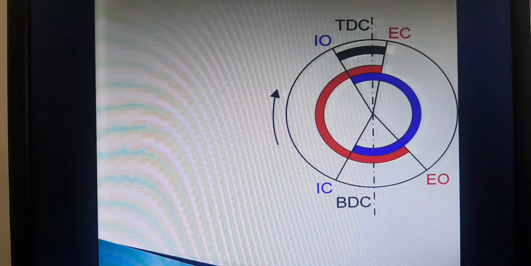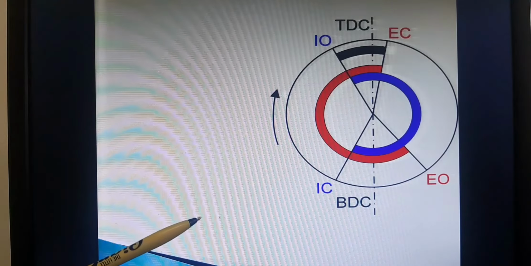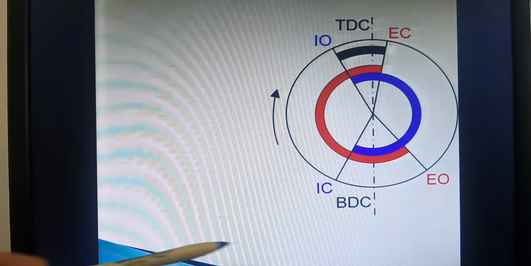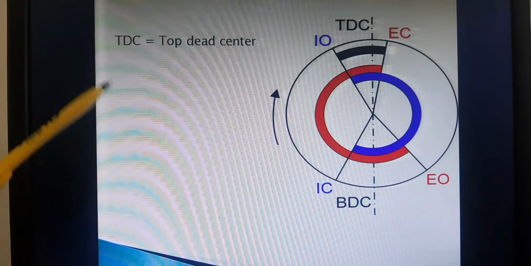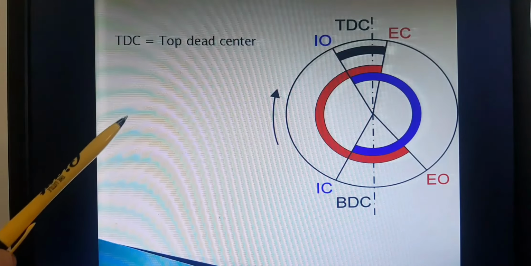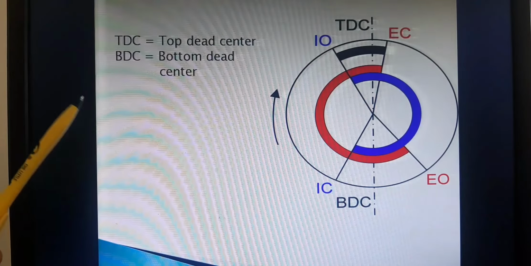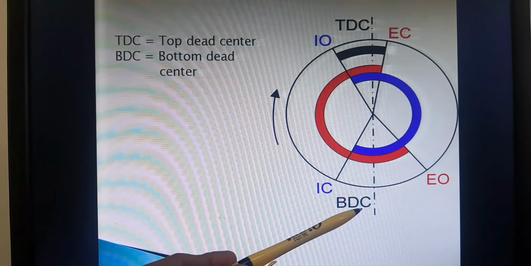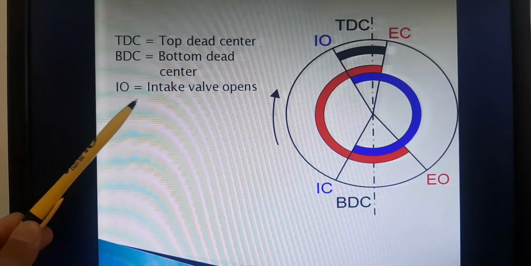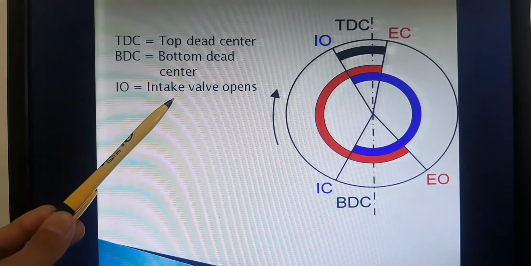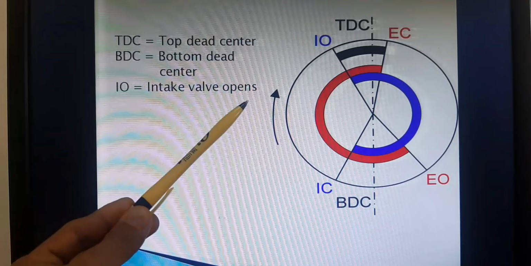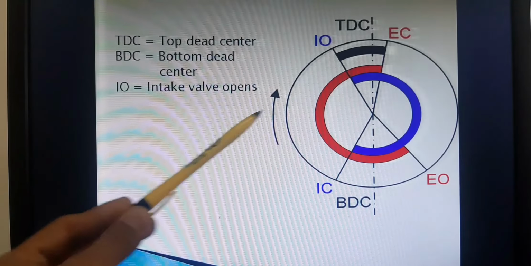Okay, but first let's interpret these things here. TDC, the top dead center, is when the piston is at the top. Then we have bottom dead center, BDC. Then we have IO, which tells us that the intake valve opens at that time.